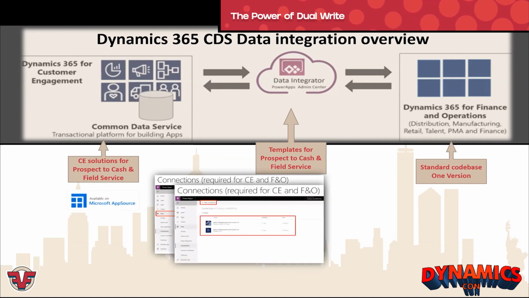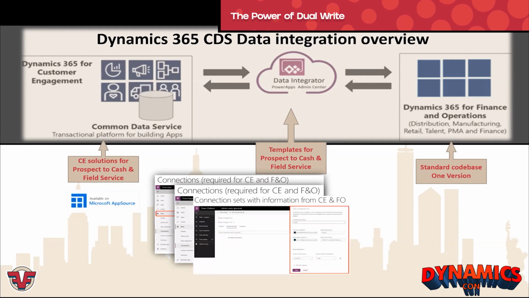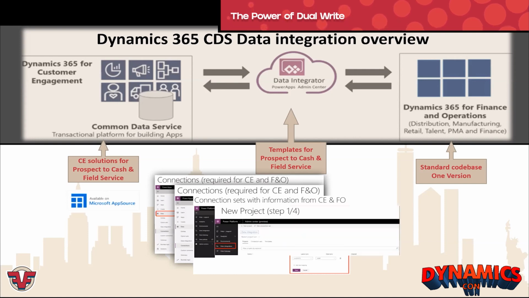These are the different screens. Because today's talk is not focused on the data integrator, I just put some screenshots here of the connections and connection sets and projects. These are all the manual steps which we have to perform in data integrator. We are following these steps: creating connections first, then creating connection sets, where you have to choose your environments, and then you will be creating your new projects here.